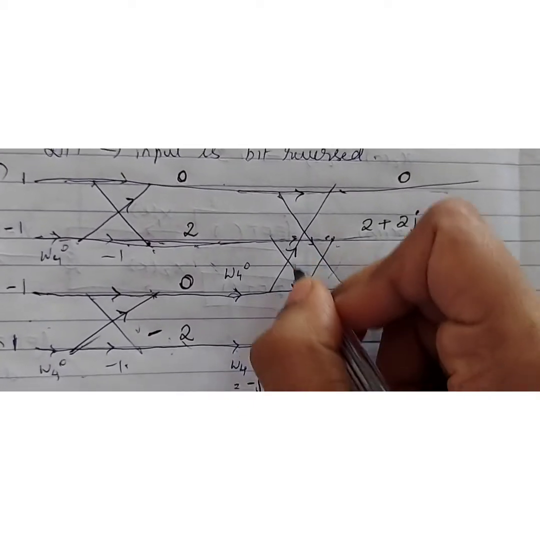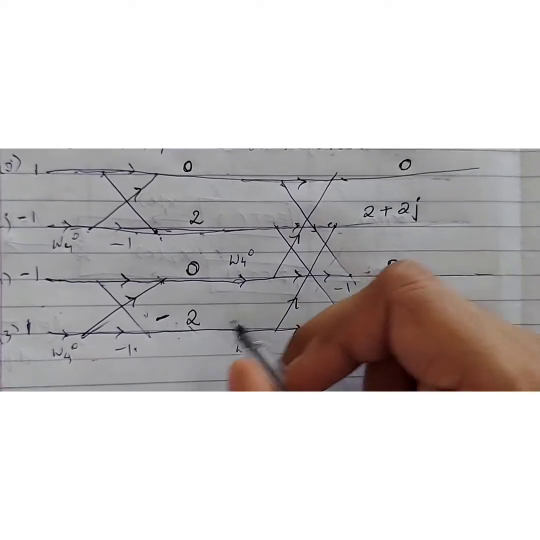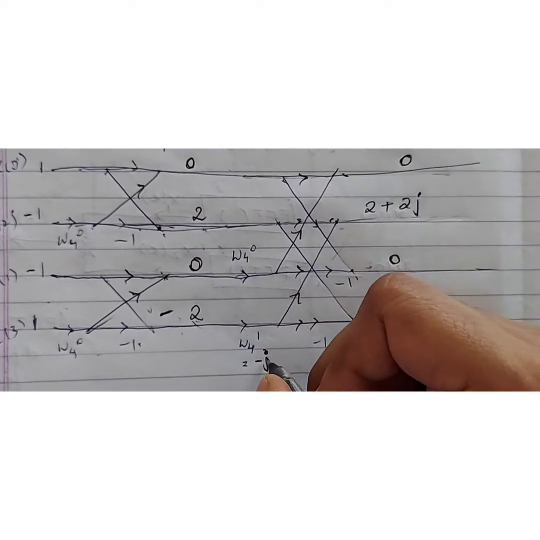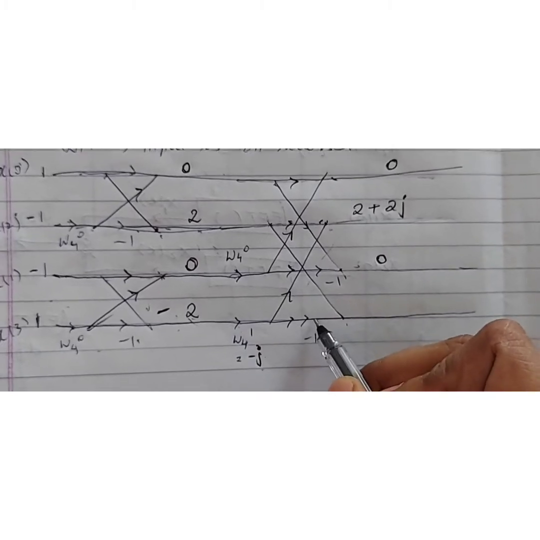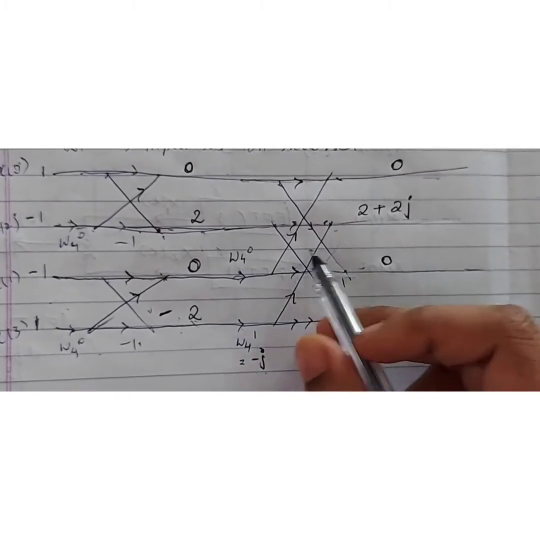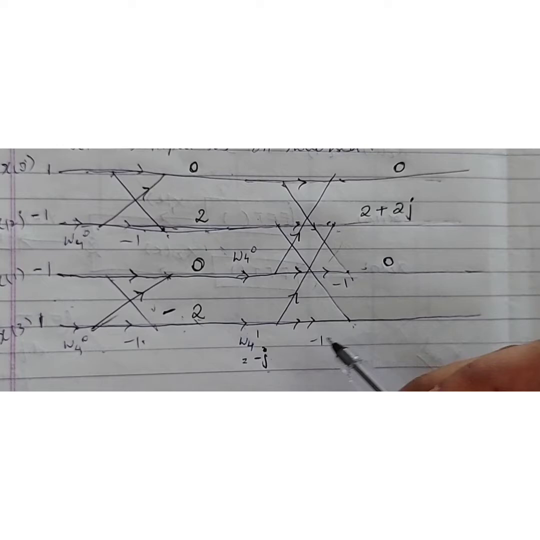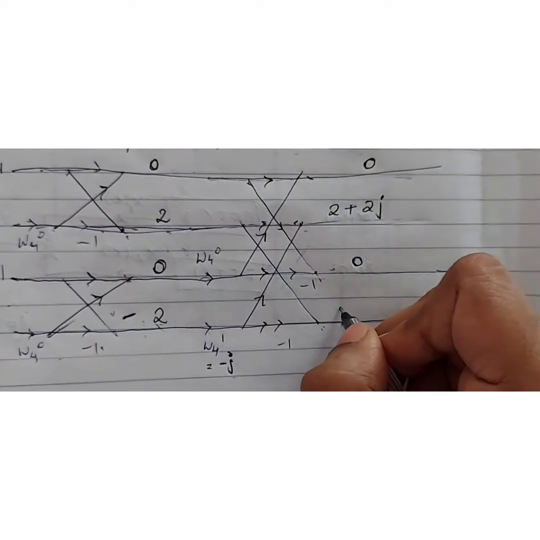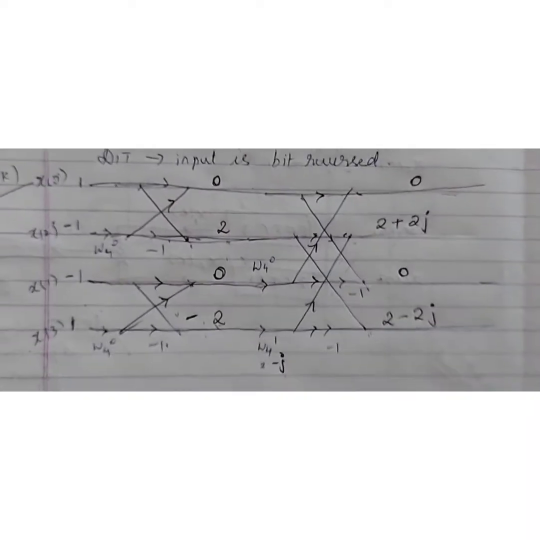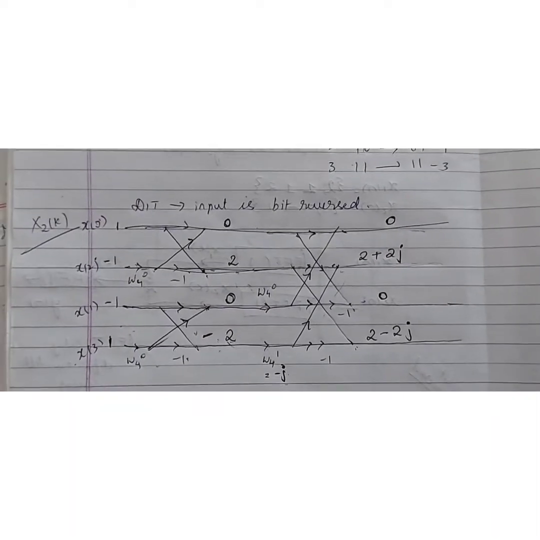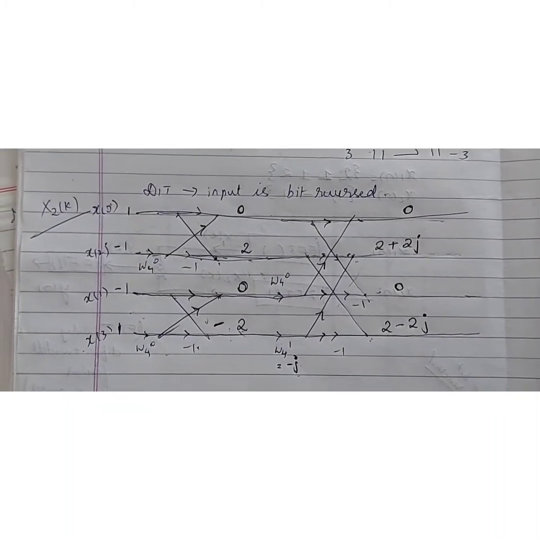So here at this point you're going to get 2 plus minus 2 into minus j is plus 2j. This plus 2j into minus 1 is again minus 2j. So this is 2 minus 2j. Okay. So this is about your 4-point butterfly.